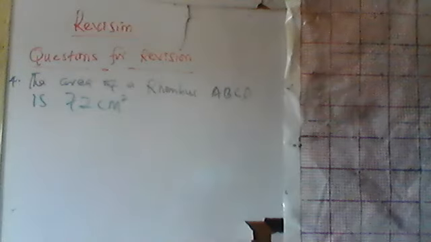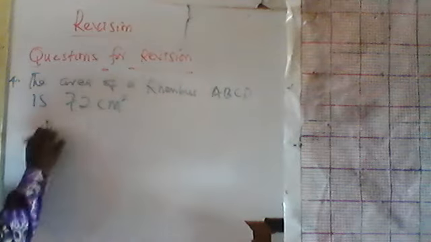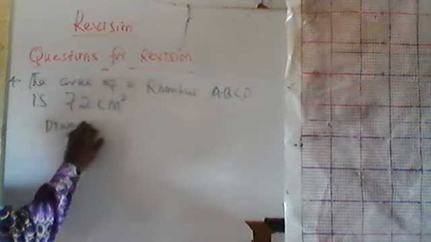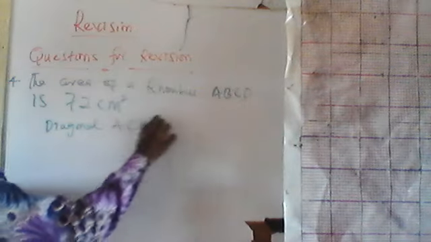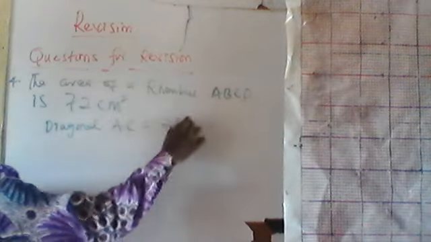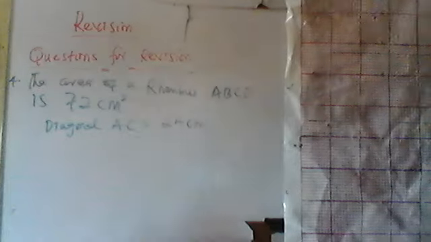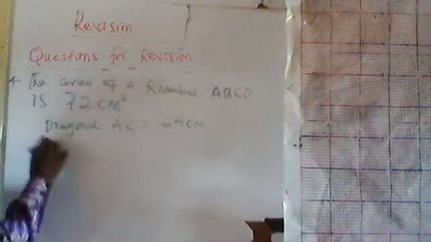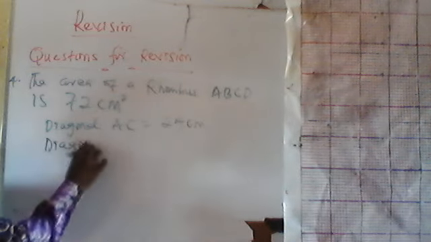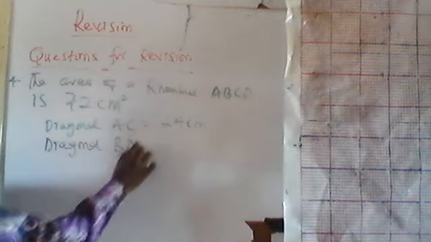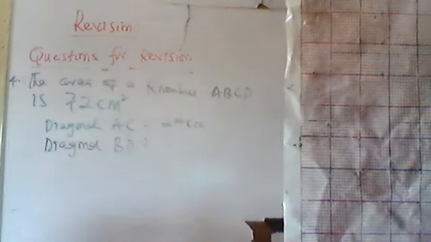Now, if the area is 72 centimeters square, and you were told that the longer diagonal AC, which is the longer one, is 24 centimeters. You are now to find the second diagonal BD. And that is what we are to find.